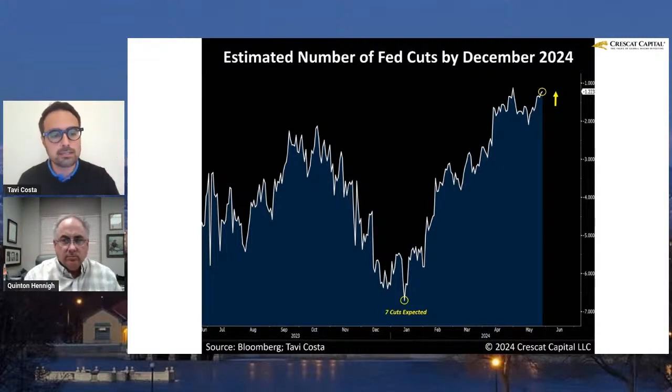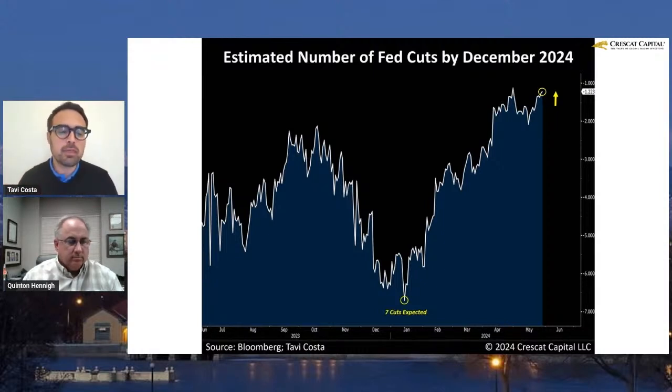It's basically looking at the estimated number of Fed cuts by December 2024, and if you recall, there were 7 rate cuts already priced in the markets back in January of this year. And today it's basically one. It's one of the highest levels, as you can see, which shows that it is one of the lowest amounts of cuts being priced in the curve.